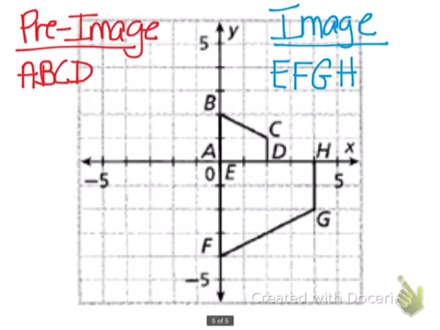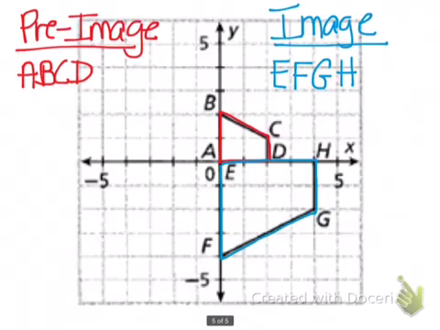All right, here's another example where we have multiple transformations. So let's identify the pre-image as A, B, C, D. And let's identify our image, which is going to be E, F, G, H. The first thing I see is that definitely it has been dilated because the pre-image is smaller than the image.